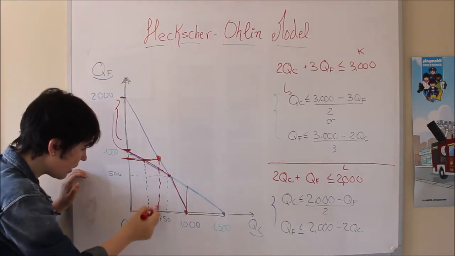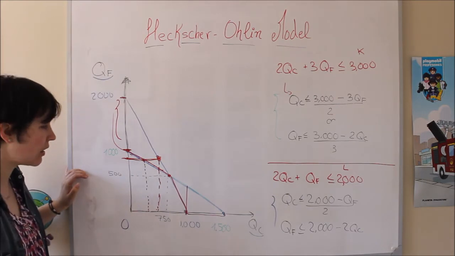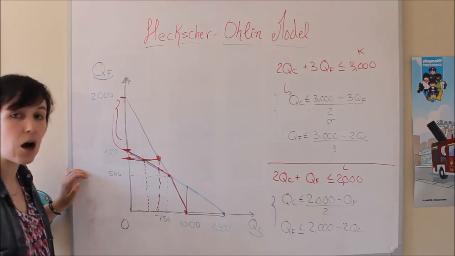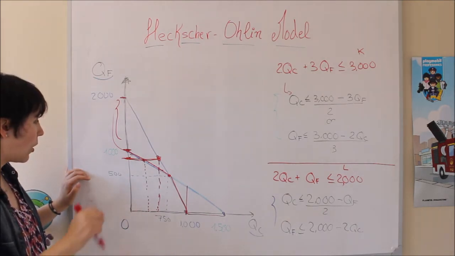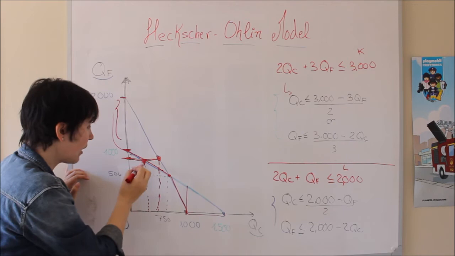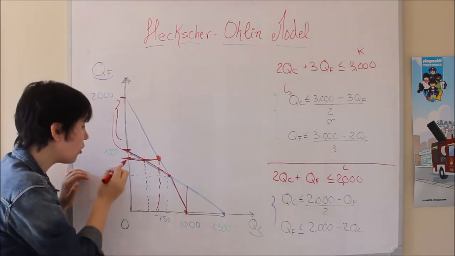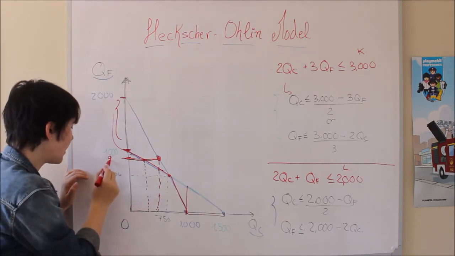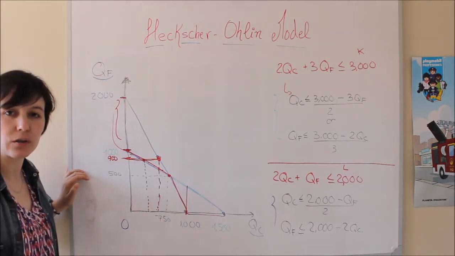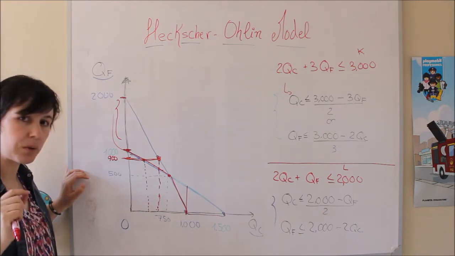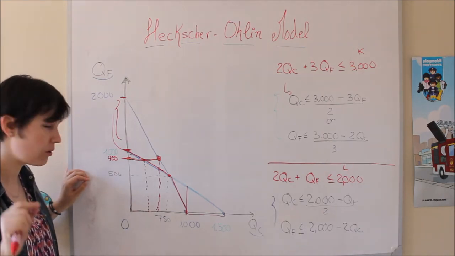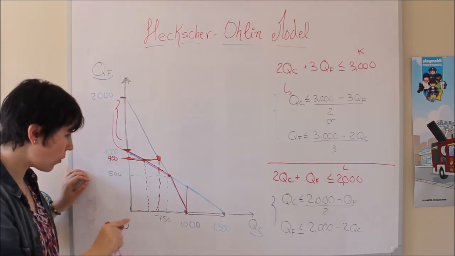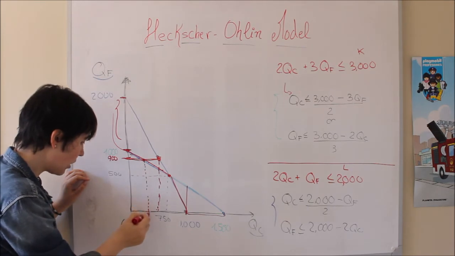This one is the output that we can get if we are just considering labor, the labor that we have, given this output of food. But given the capital that we have, if this economy is producing, let's say, 90,000 units of food, the maximum amount of clothes that this economy is able to produce is here.